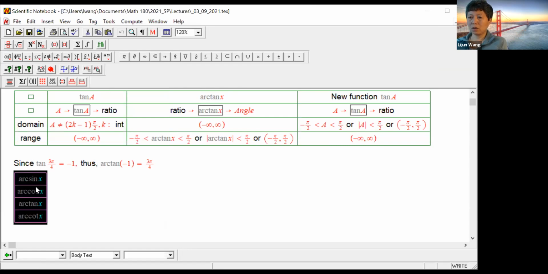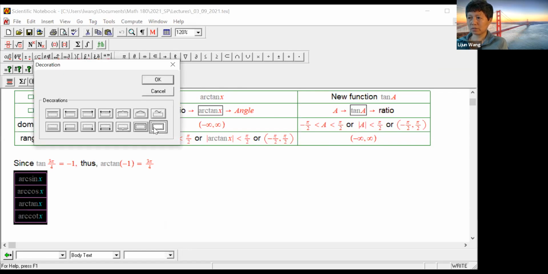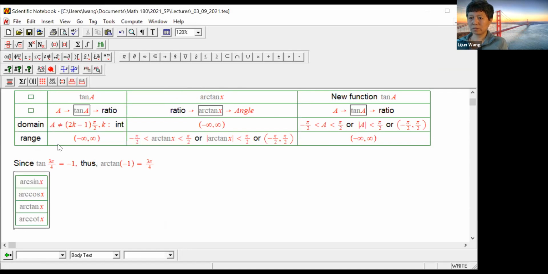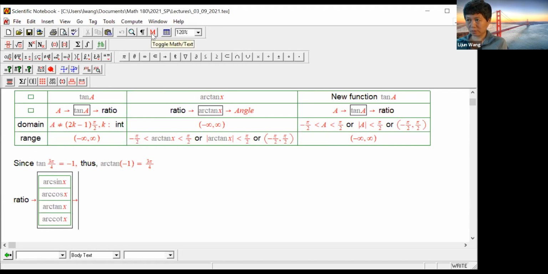All of these functions, their input are ratios, the output are angles. We all understand that. I just didn't include arcsecant and those, and these angles must be unique.